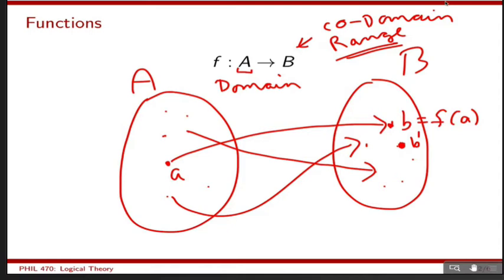So the range of f, in this example, would be these three elements. They're all the elements that are actually associated with some element of A.